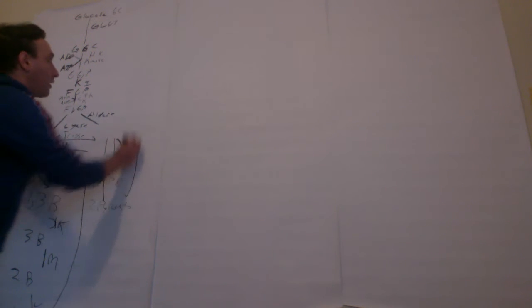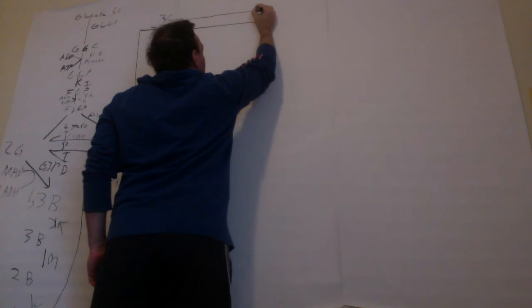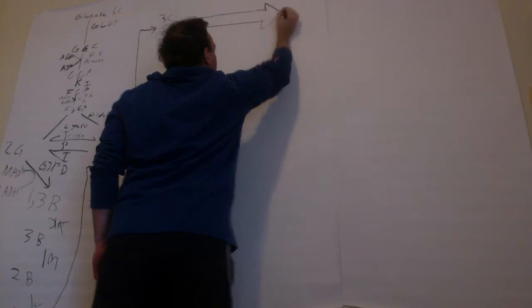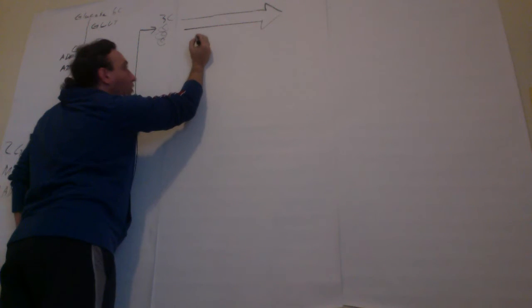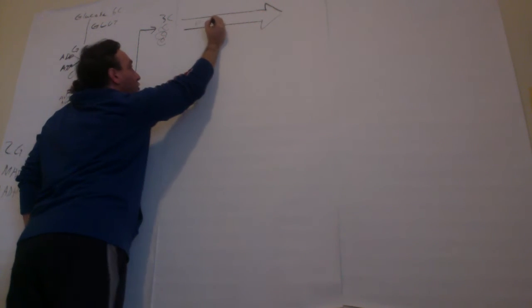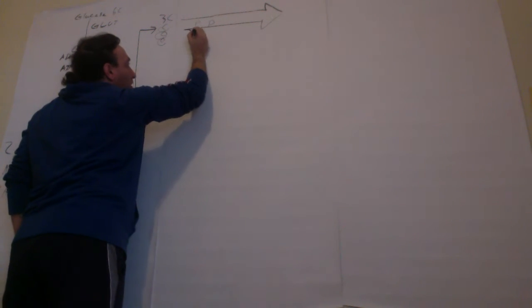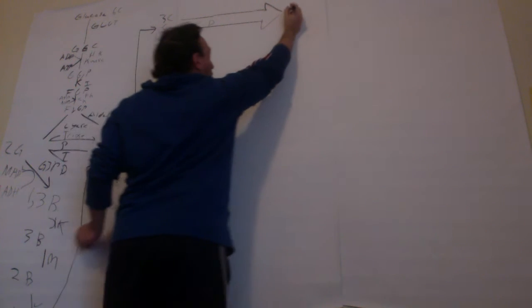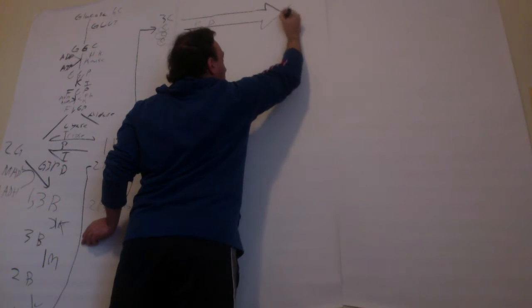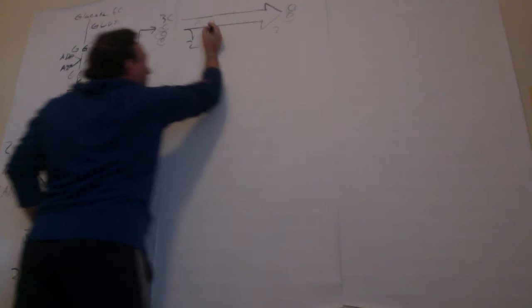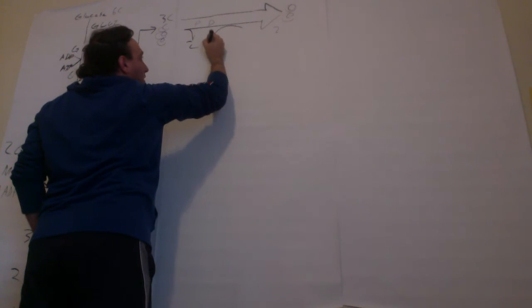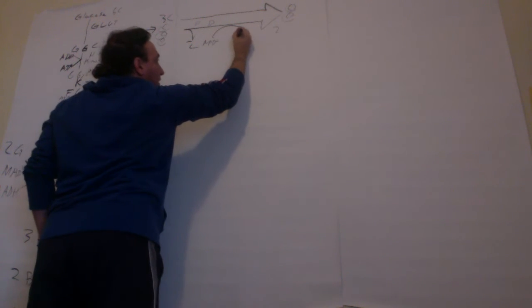Now, this pyruvate is a 3-carbon molecule, so 3 carbon, 1, 2, 3. It's going to be entering the mitochondrial membrane, and it enters the mitochondria through something called pyruvate dehydrogenase, where a carbon comes out. So now it's just 2 carbon. Also, NAD plus becomes NADH.